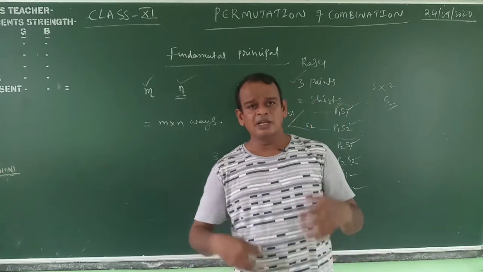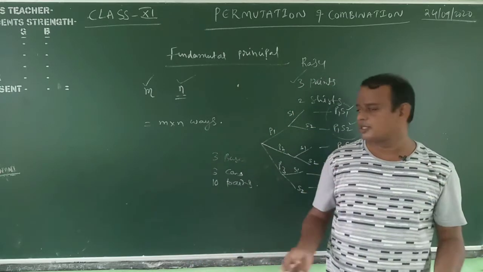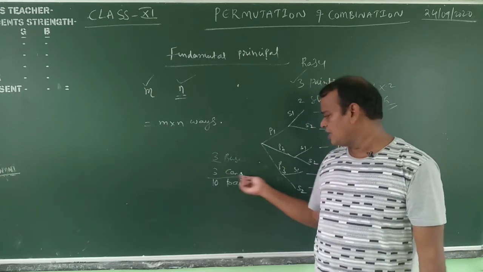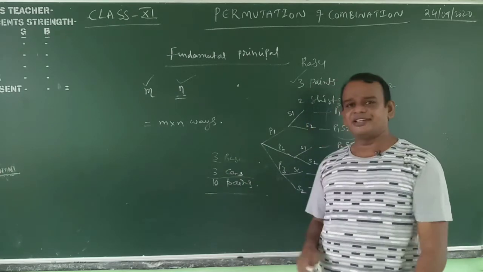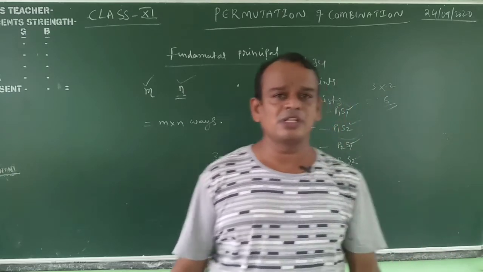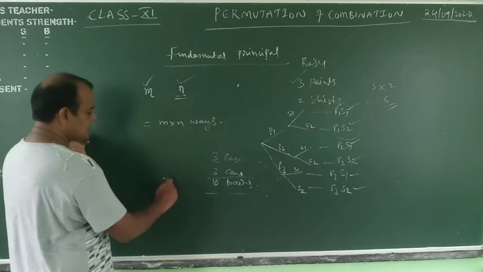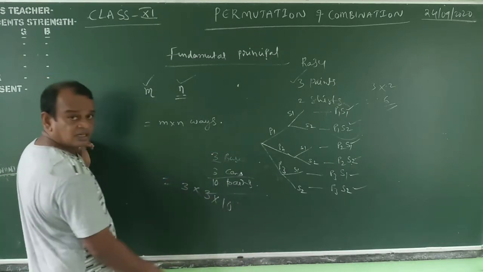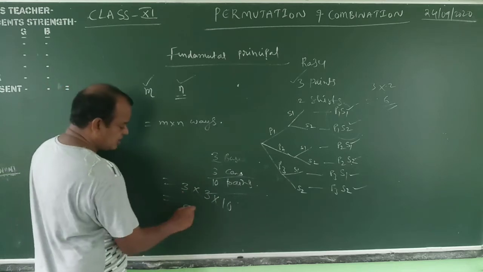There are 3 buses, 3 cars and 10 trains running between the stations. In how many ways can he travel? This work can be done in 3 ways, 3 ways and 10 ways. 3 threes are 9, 9 tens are 90 ways.